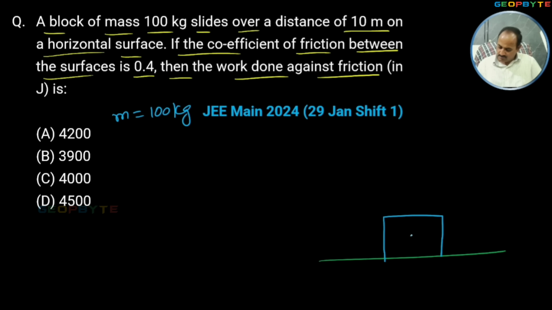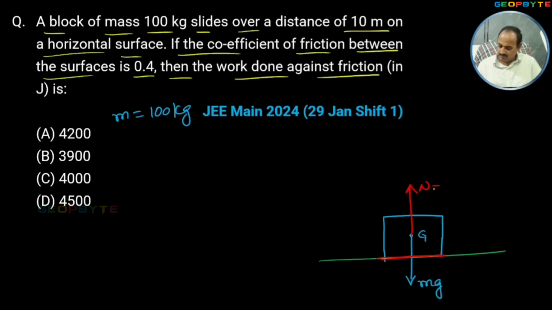Now, through the center of gravity, the self weight is acting vertically downwards. Then normal to the contact surface. This is the contact surface. The contact surface is horizontal. Therefore, this is the normal reaction, perpendicular to the surface.